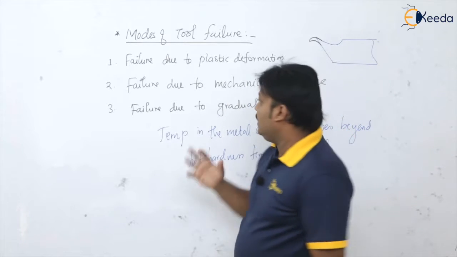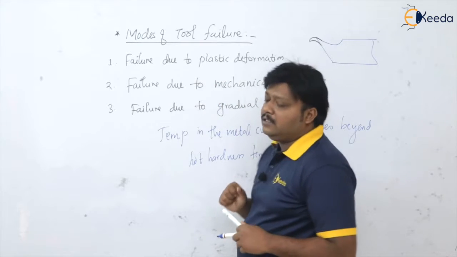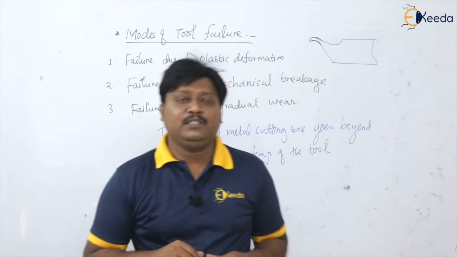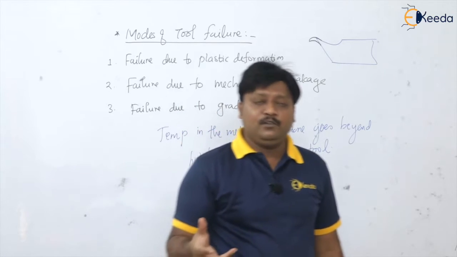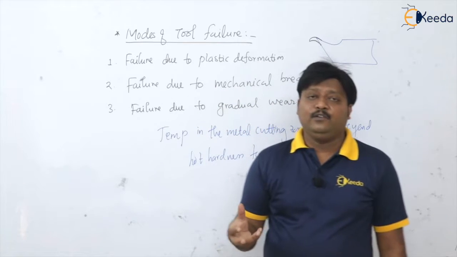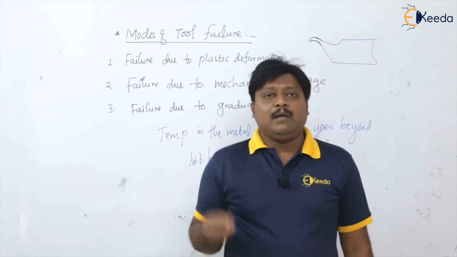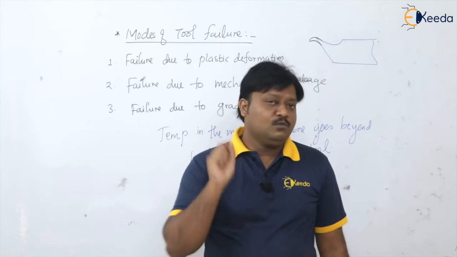Now if you look at this failure of the tool because of plastic deformation, is it the abnormal failure or the normal failure? Of course this is the abnormal failure, and why did this happen? The first thing is that we have chosen a wrong tool.